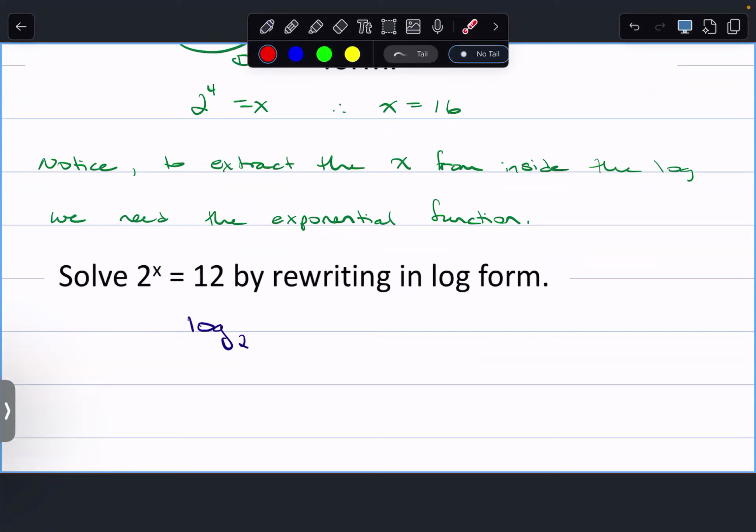And then if I follow the method, 2 is the base, x is the answer, and then 12 is on the inside of the log. And you can confirm 2 to the power of x is equal to 12. I'm saying the same thing because they're equivalent statements.